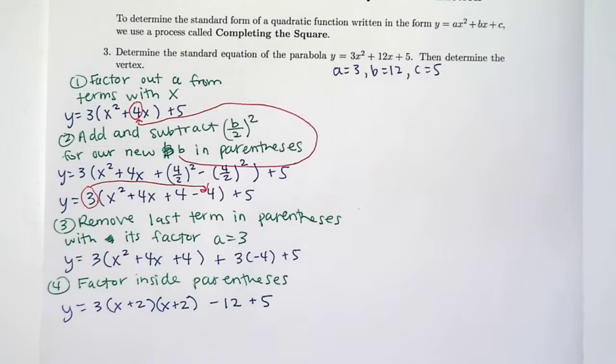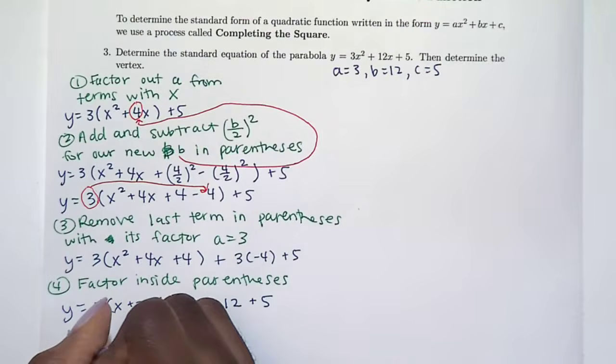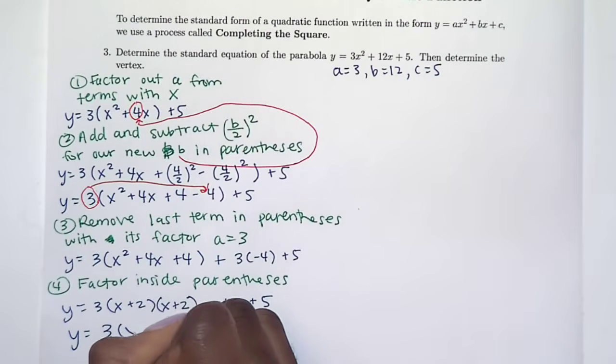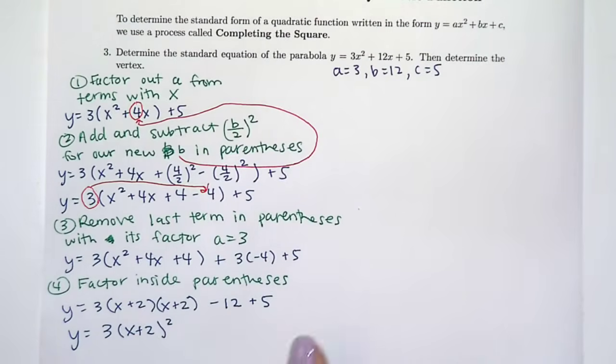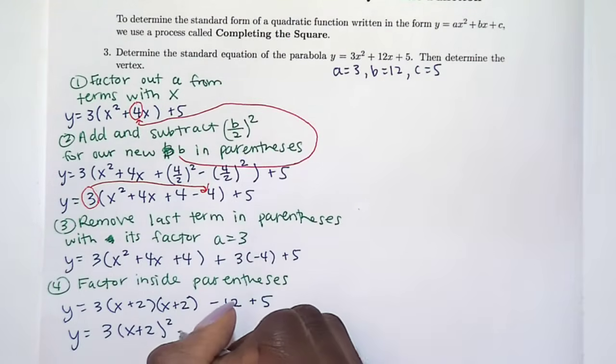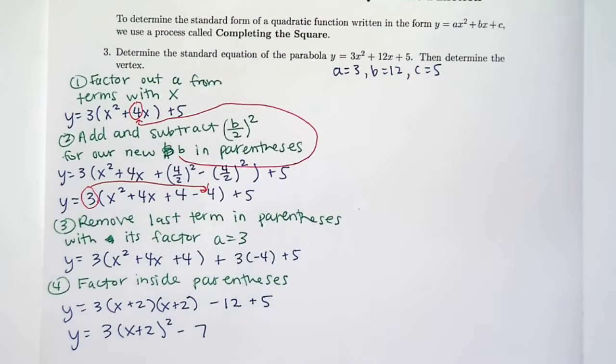All right, so this is actually the completing the square part that we're doing right now. So we were able to factor this, and notice we have something times itself. We can write that as a square. 3 times x plus 2 squared, -12 plus 5 is -7. And now we have our parabola in standard form.